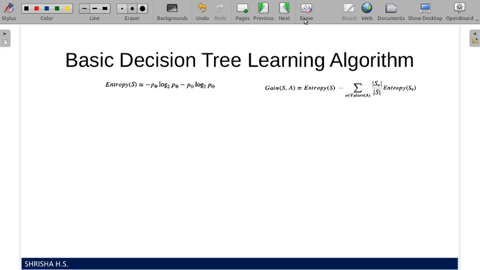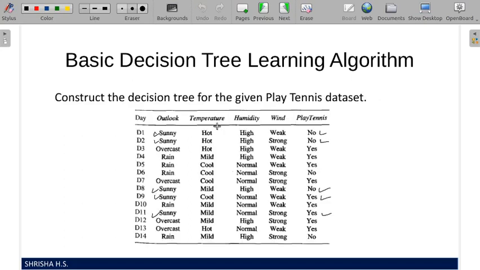So next let's calculate the entropy where the outlook value is overcast. Let's see here. For overcast, there are a total of 1, 2, 3, 4 instances.